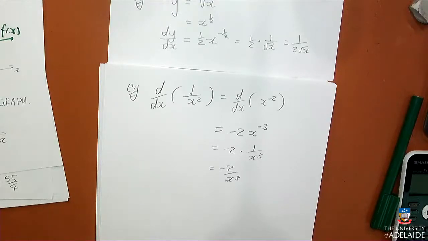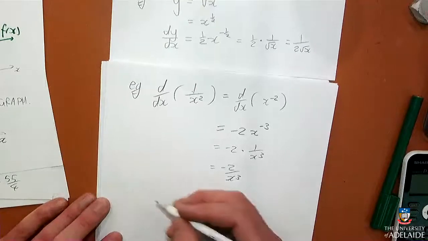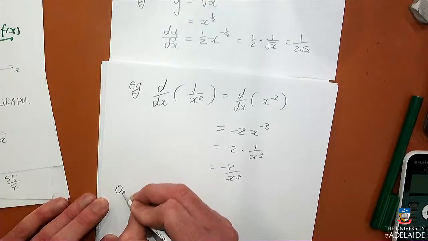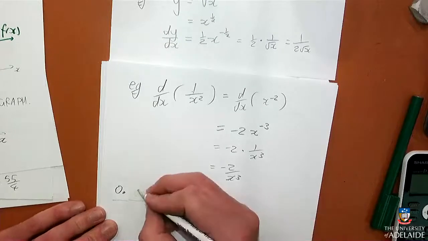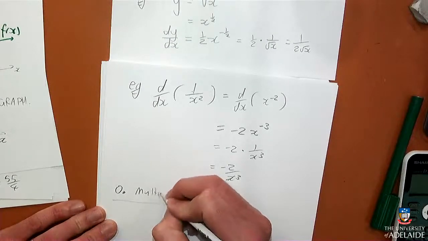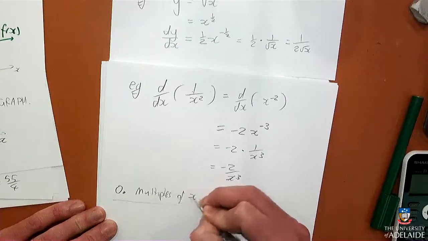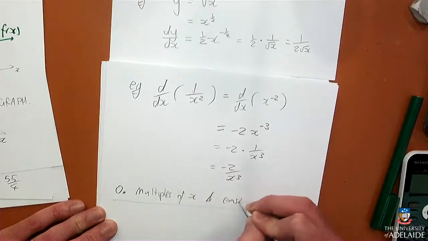Now I really should have mentioned 2 sort of very simple rules before I got to the power rule, I'm sorry. But I'm going to do them now. These are sort of special cases of the power rule. So let me just go back and do 0 in my rules for derivatives. So rule 0, multiples of x and constants.